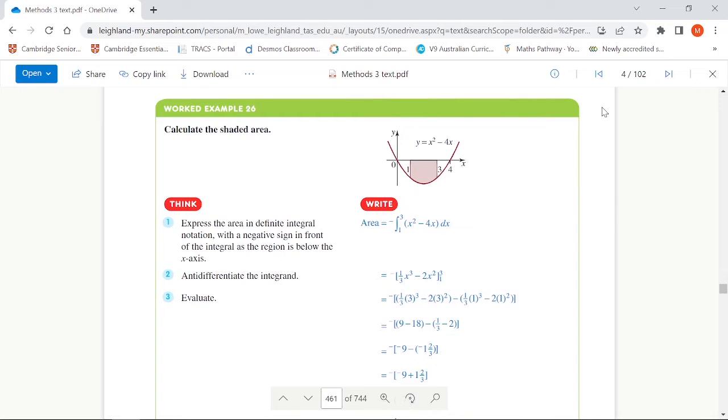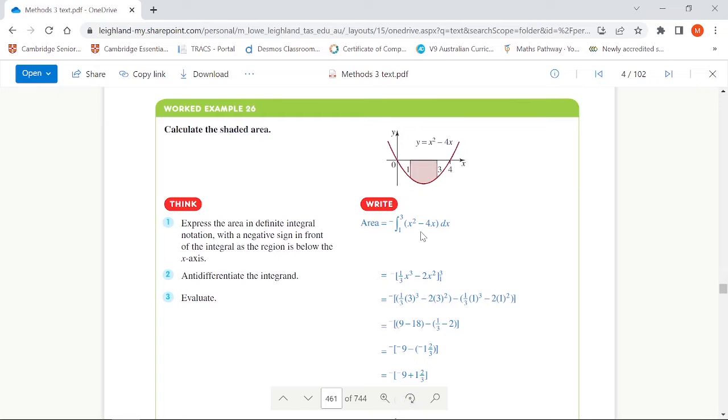Next one there, okay, calculating the shaded area. Okay, so this parabola we can see goes below the x-axis, and so finding the area, finding the definite integral from 1 to 3 would be a negative value. So you can see the way that it's done here in the solutions, it's just put a negative at the front to compensate for that.